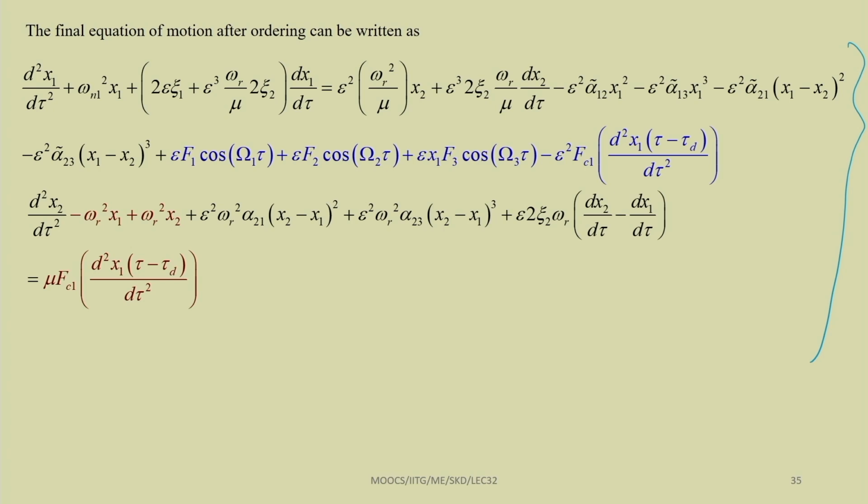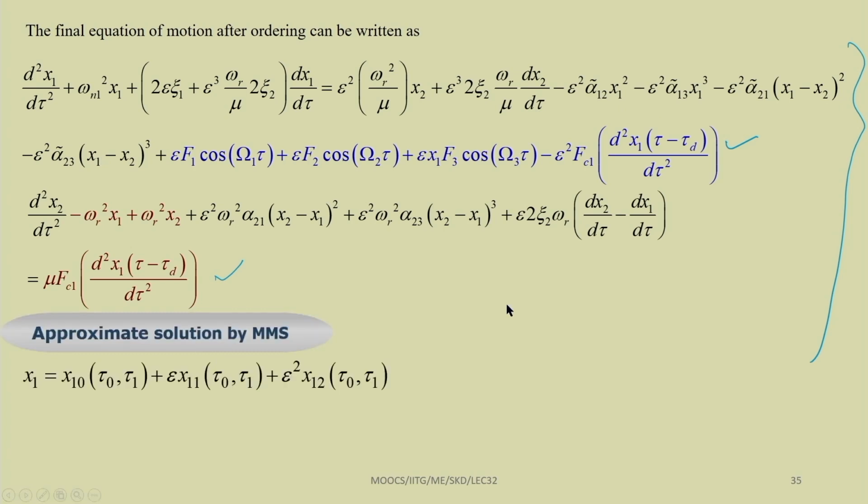In the forcing, we have used the acceleration feedback. So, time delay acceleration feedback is taken here. Similarly, the second equation can be written using the time delay acceleration feedback. Here x1 is a function of tau and tau d is the time delay.